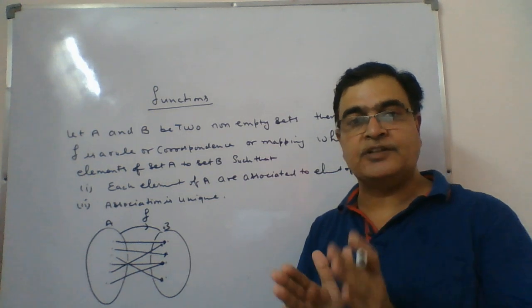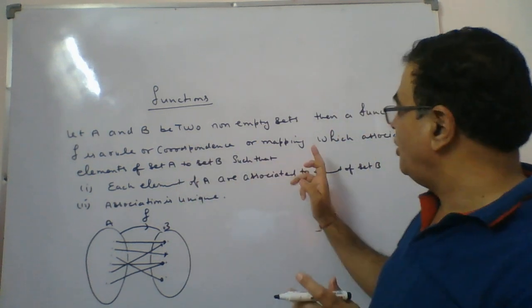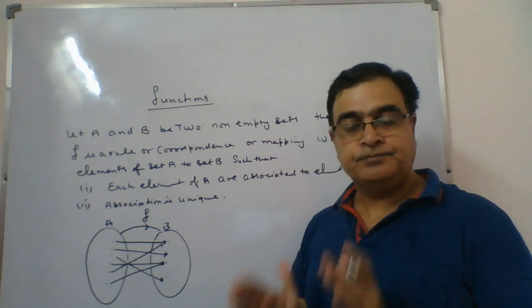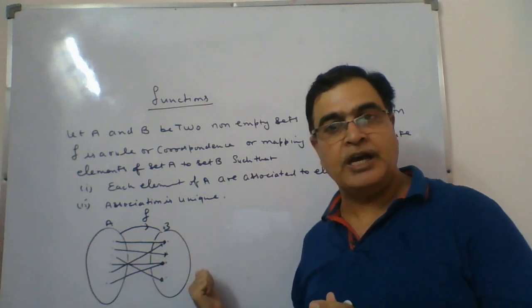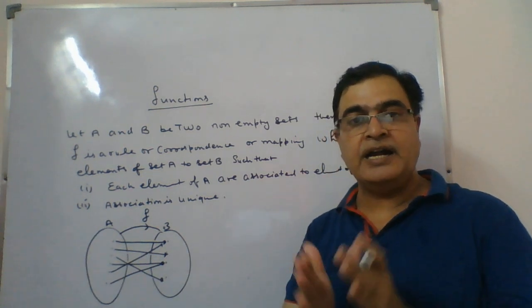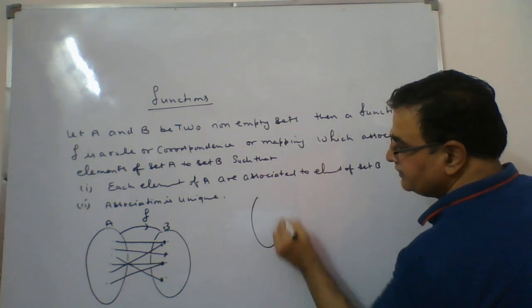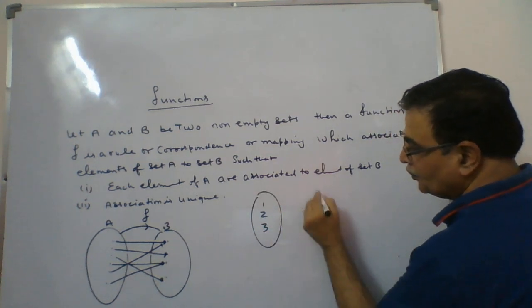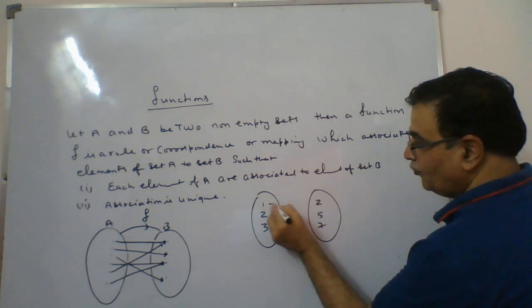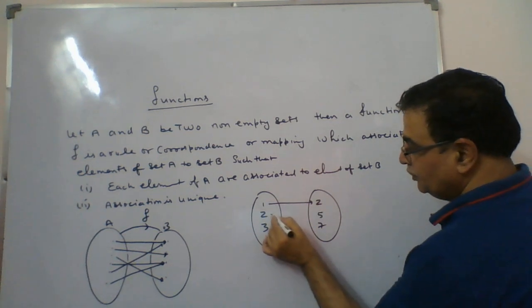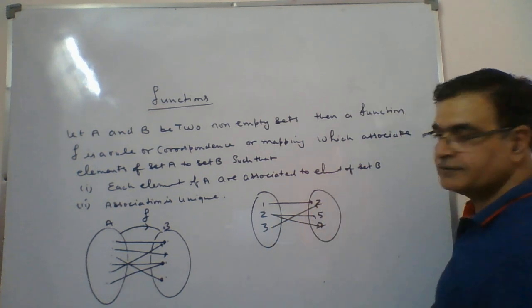So function is nothing but a rule, or we call it a correspondence, or a mapping, which is associating each and every element of set A to the element of set B, and that association must be unique. For example, now we'll say we have elements 1, 2, 3 here, and here we have 2, 5, 7. Let 1 be associated with 2, 2 be associated with 5 and 7, and 3 with this.